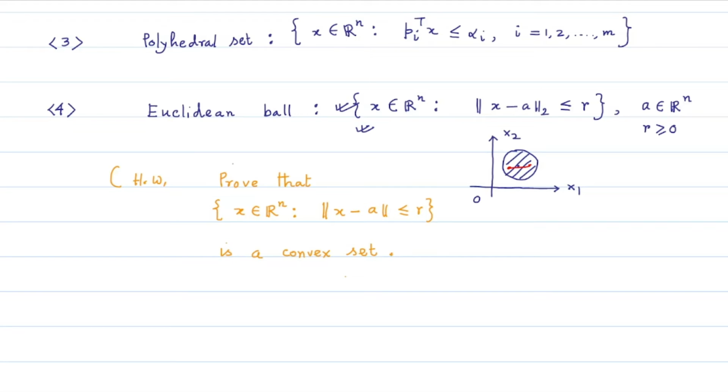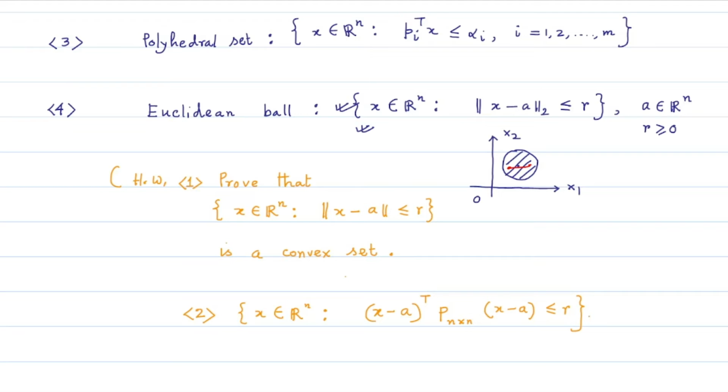Let me also put forth one more home task over here: consider a positive definite matrix of order n by n, and then consider the collection of all points x which satisfy x minus a transpose multiplied with a positive definite matrix, say capital P, into x minus a less than or equal to r for a non-negative real number r.